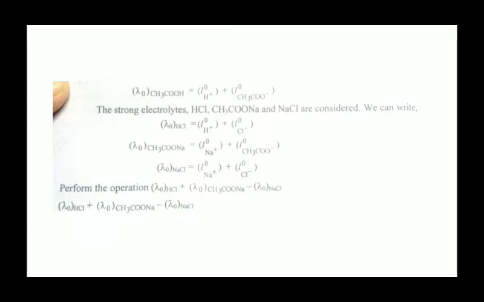We can write λ0 HCl is equal to λ0 of H+ ion plus λ0 of Cl minus ion. Similarly, λ0 of sodium acetate is equal to λ0 of Na+ ion and λ0 of acetate ion. Then lambda 0 of NaCl is equal to λ0 of Na+ and Cl minus. Perform the operation: lambda 0 HCl plus lambda 0 sodium acetate minus lambda 0 NaCl.